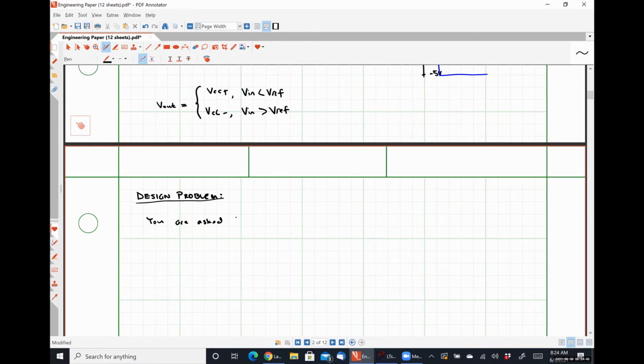You are asked to create a 1-bit ADC. ADC stands for analog to digital converter circuit.